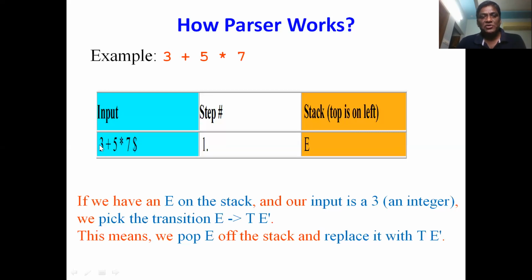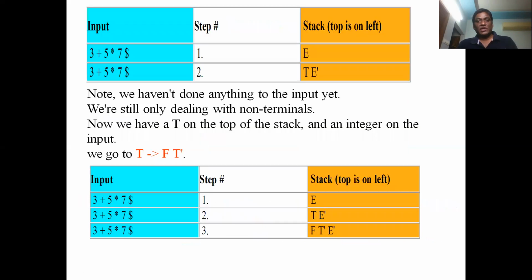It will still be 3 only, until it matches with one of the terminals on the stack. It will not be moved. So E will be replaced by TE dash, and the pointer in the input buffer is still pointing to 3.